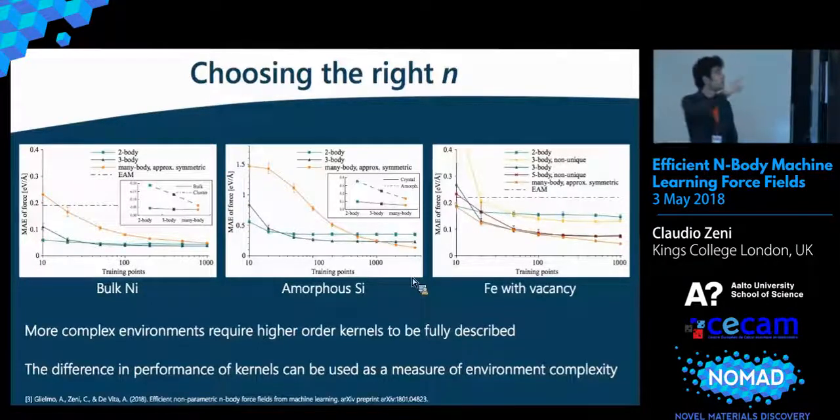For example, we see in the insets that bulk nickel has a constant accuracy plateau for every order n, but the clusters, which we will talk about later on in this presentation, have an accuracy that depends strongly on it. So the cluster is a much more complex environment. This holds the same for crystal and amorphous silicon, by the way.